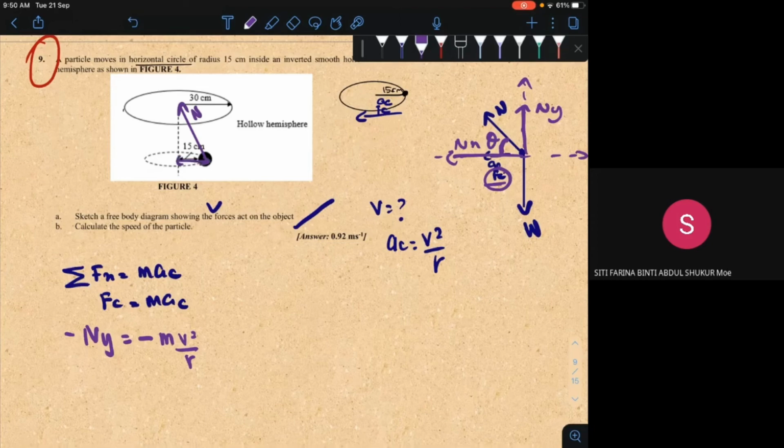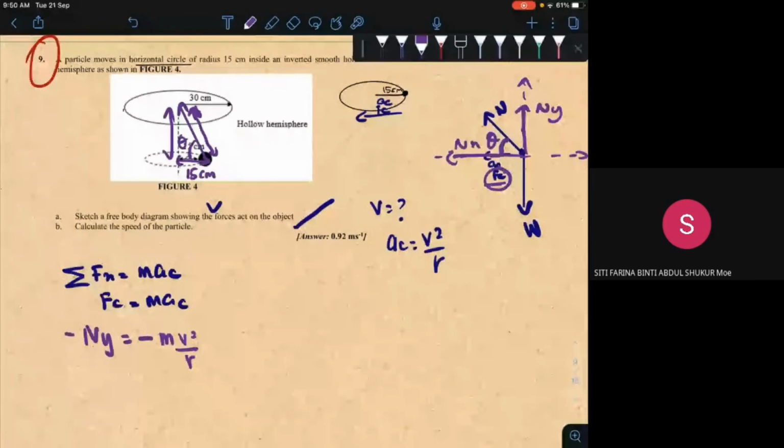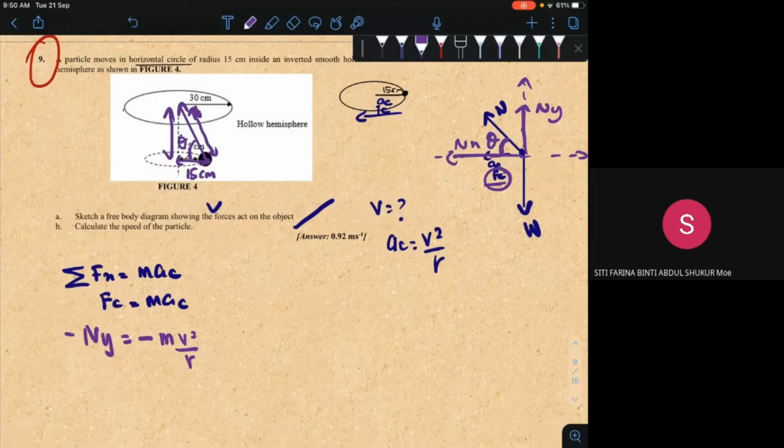Ini 15, kita tahu. Kita nak cari theta. Okay, so you have to find this panjang ataupun this panjang. Macam mana nak cari either one of this? Ini atau ini. Boleh cari tak? Sebab you at least have to know either one length supaya awak boleh cari theta dekat sini.